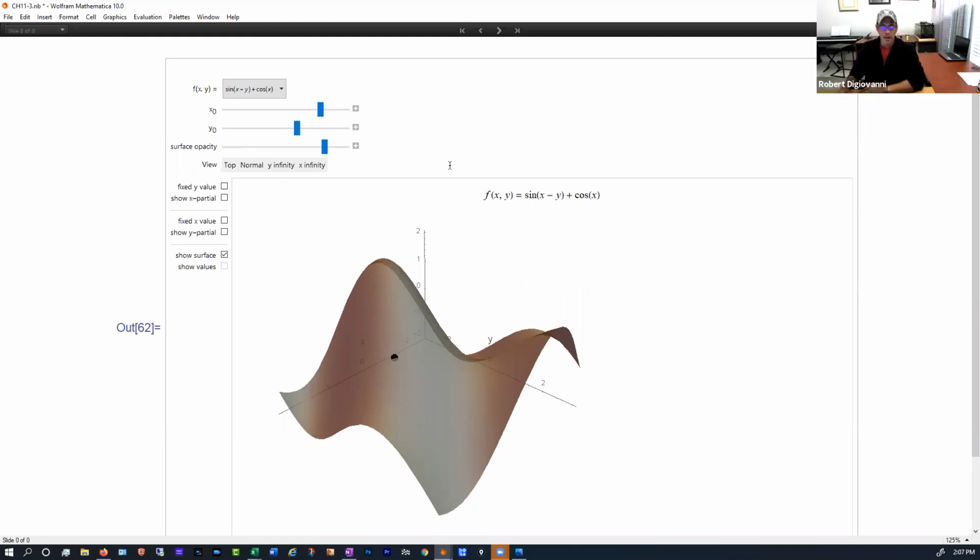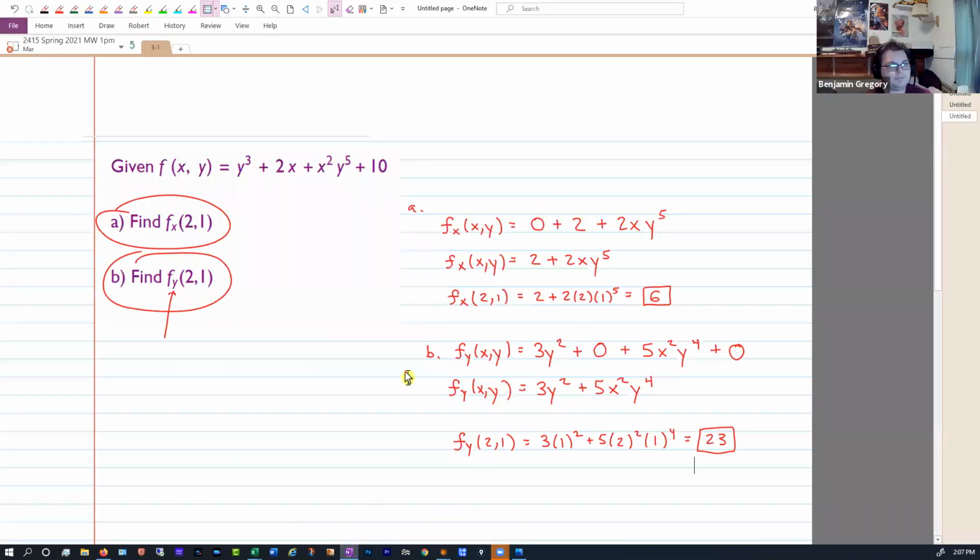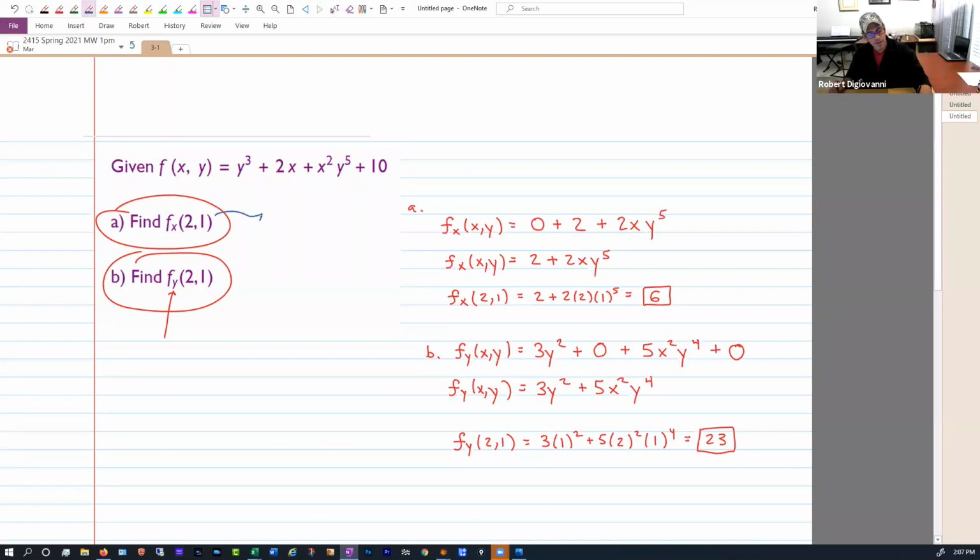Oh, I see. I think what you're saying is, since we're holding y constant, we hold y to be 1, just replace all these with 1s before we do the derivative, and then do the derivative, and then let x go to 2.